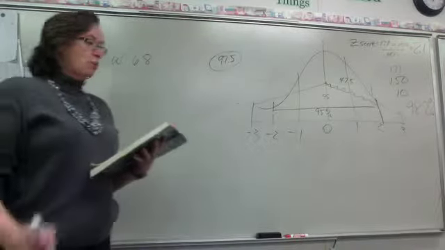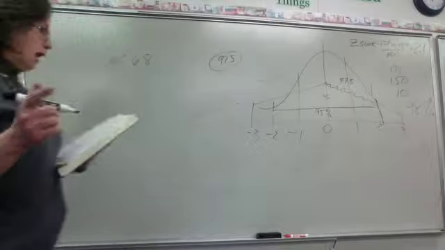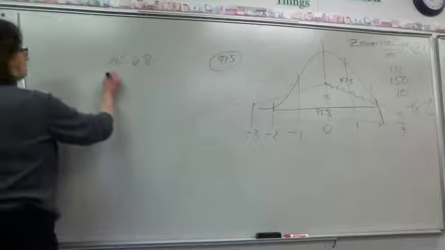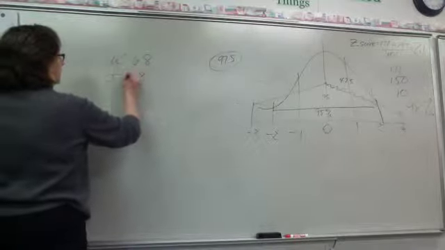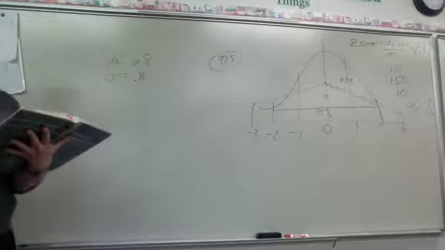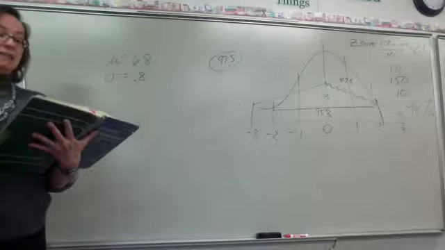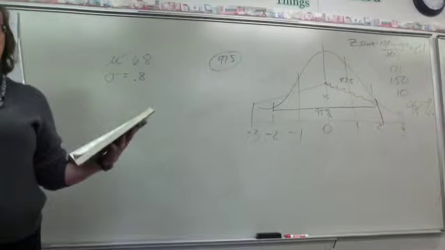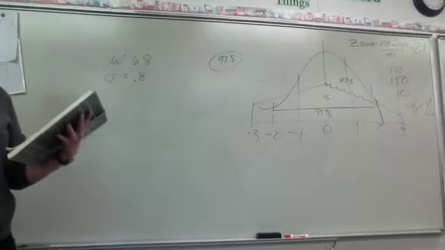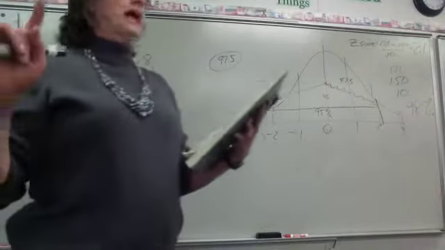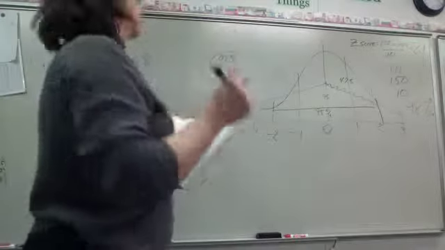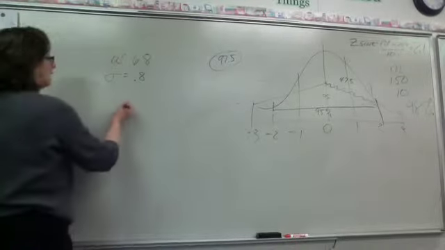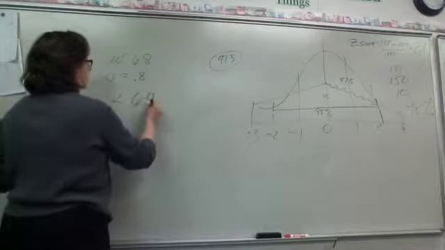And then it says, with a standard deviation of 0.8 pounds. Standard deviation is 0.8 pounds. Okay? Then it says, if the distribution of weights were approximately normal, that's key, they have to tell you that, what percent of the babies weighed less than 6.4 pounds? Less than 6.4 pounds.